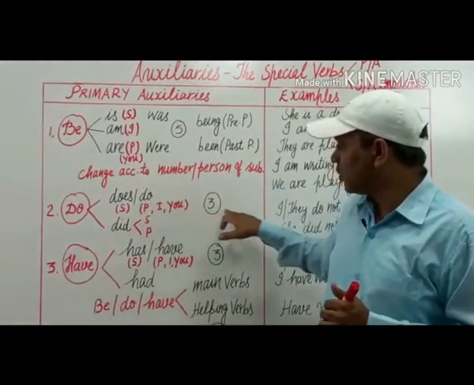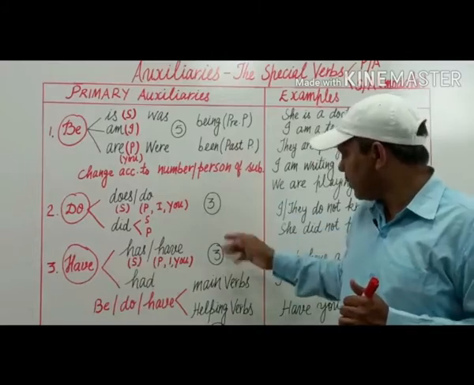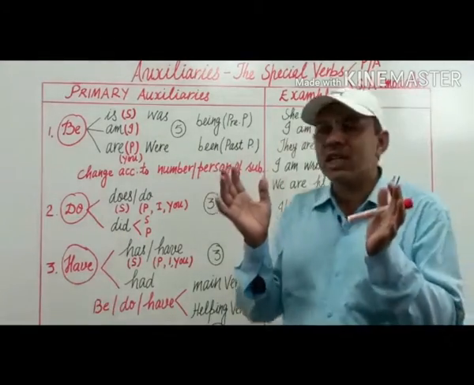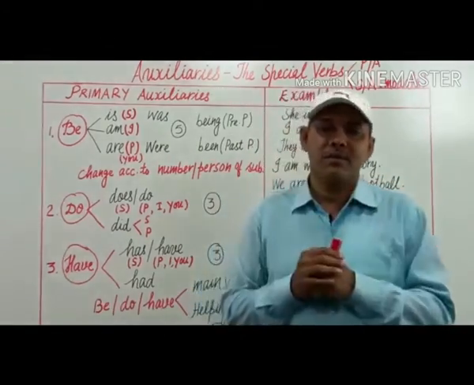Be 5, do 3, have 3. In this way, primary auxiliaries have 11 forms.